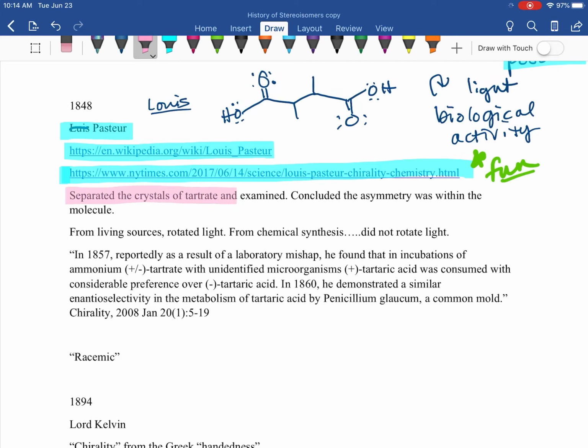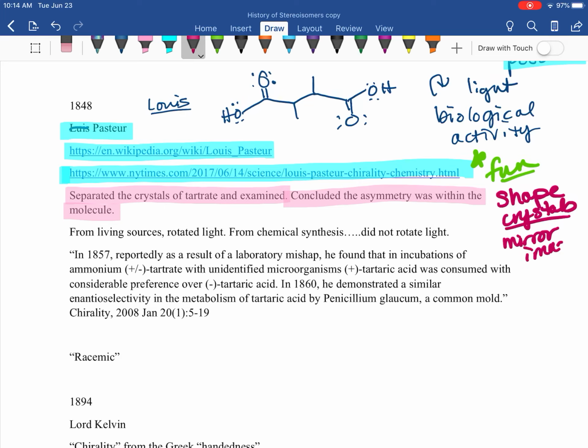The first one is he took the actual crystals of that tartaric acid and he looked at the actual shape of the crystal. He got even deeper. He took those shapes of those crystals and he noticed, wait a second, there's actually mirror images in here.